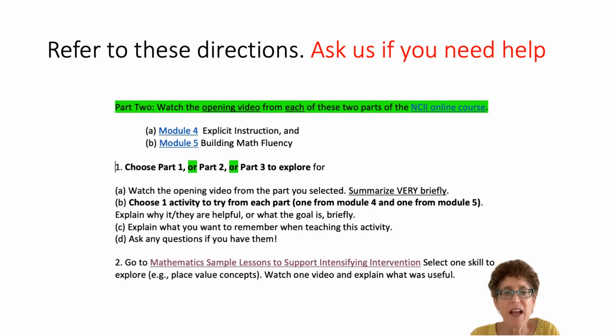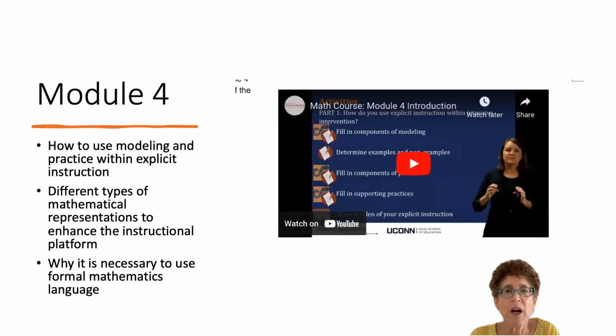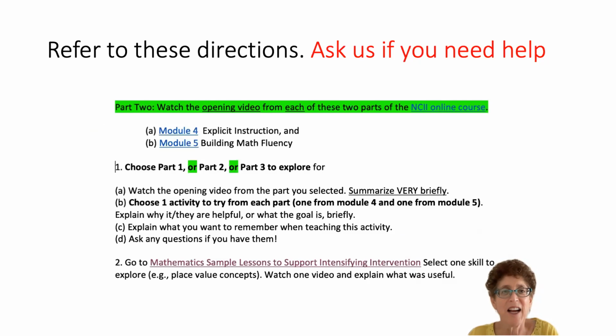Okay. The last thing is you're going to go to one more link, which is sample lessons to support intensifying intervention, and look at one skill. I do have my slides out of order.